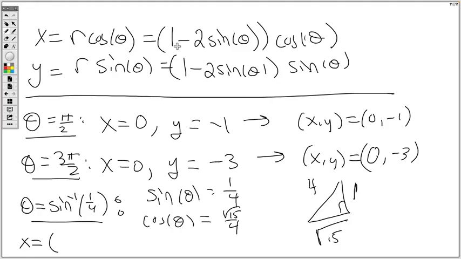So let's see, x would be 1 minus 2 times the sine of theta times the cosine of theta. So I get 1 minus a half, which is a half, times root 15 over 4. So root 15 over 8.